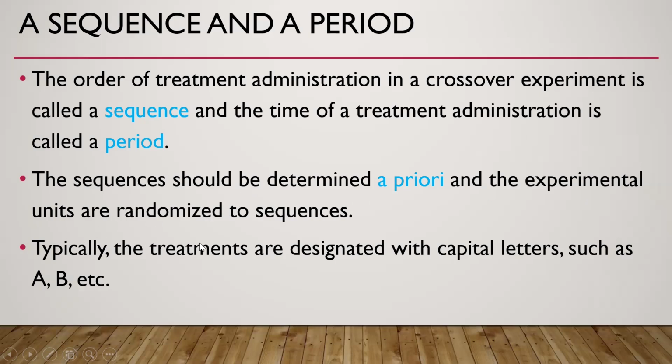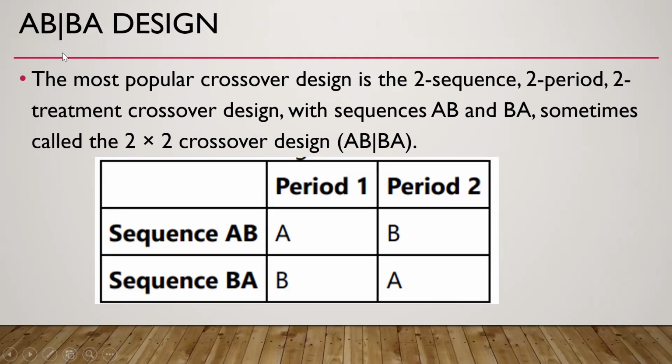And typically the treatments are designated with capital letters such as A, B, C, etc. So a 2 by 2 crossover design is most commonly with sequences AB and BA. It is the most popular crossover design. So these are period 1 and period 2. This is the AB sequence and this is the BA sequence.